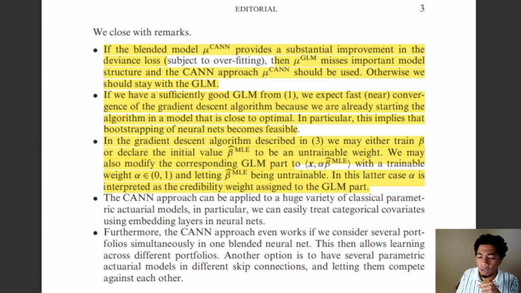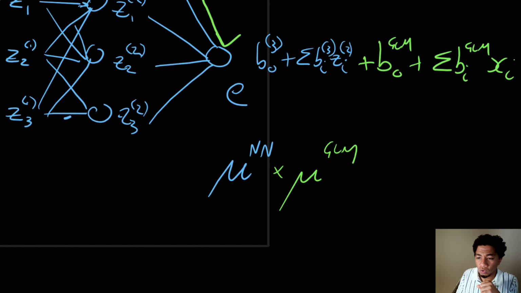Right, so if we go to our example here, let's just pick this here, you can assign a weight in this addition here that is trainable.